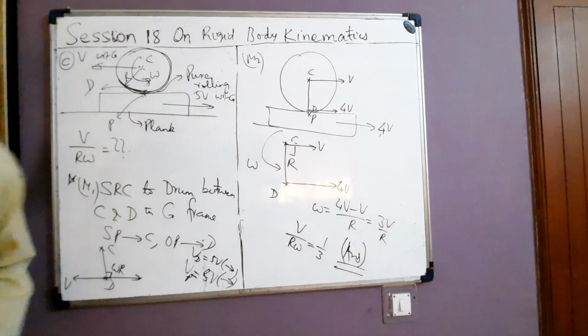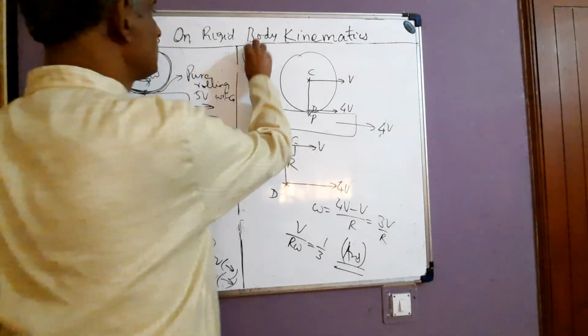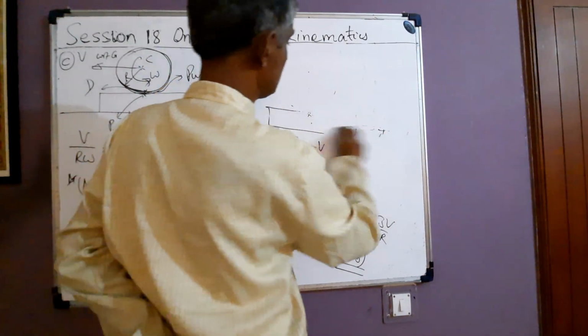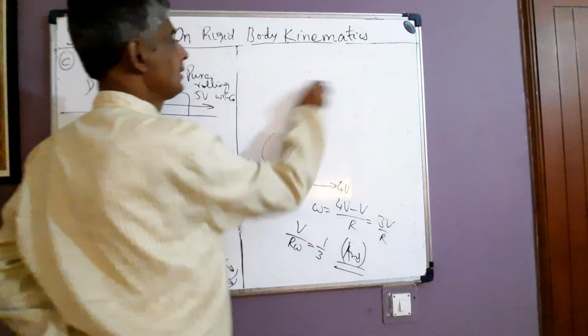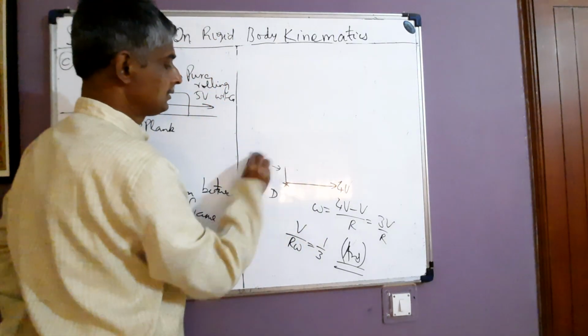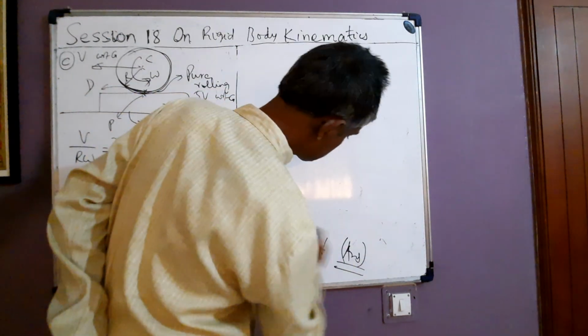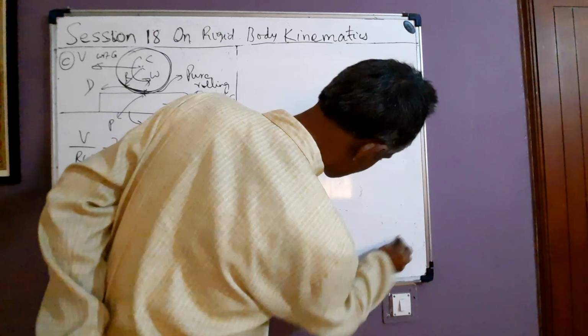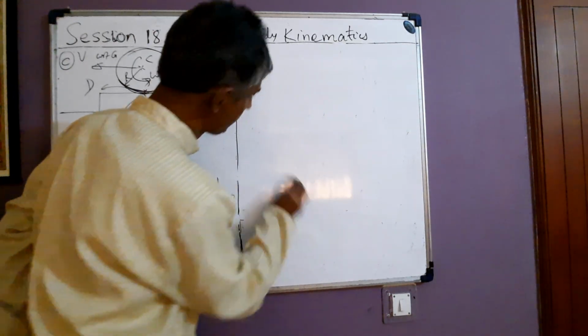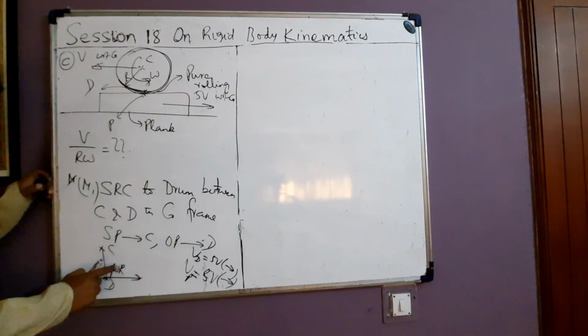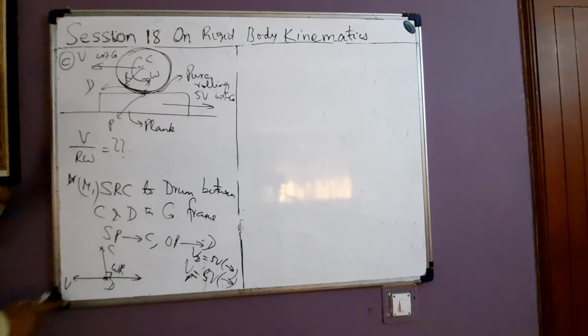Alright, fine. The resultant of these two should be 5v in rightward direction.